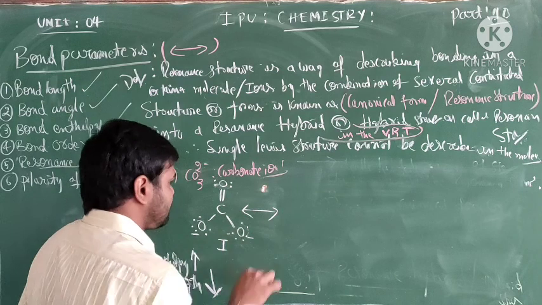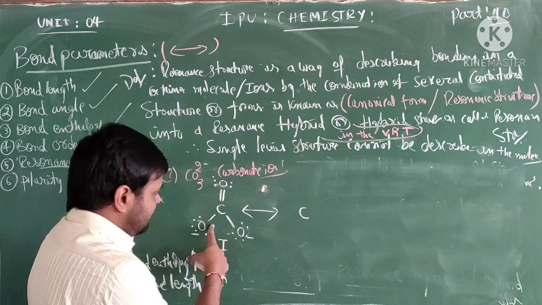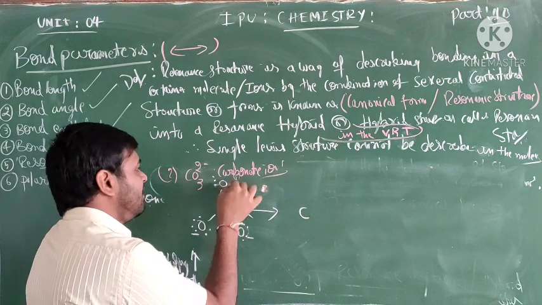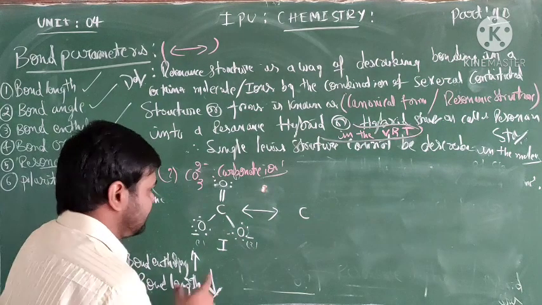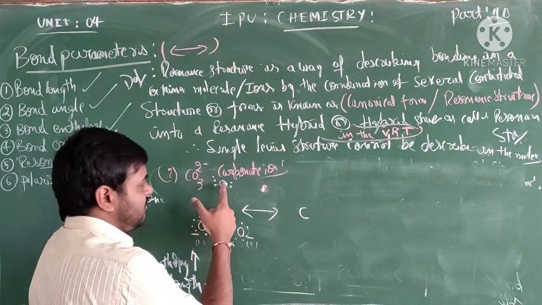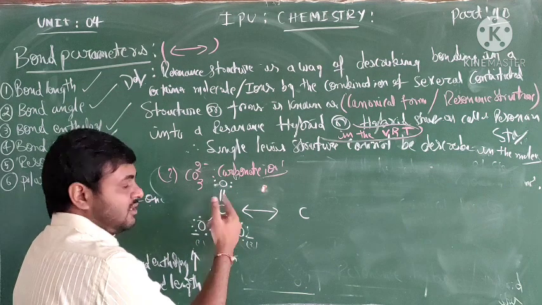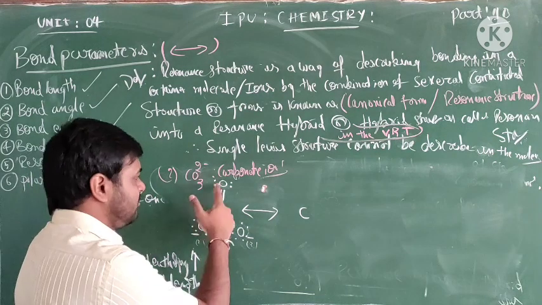So one more. Take this as the first oxygen atom, this as the second oxygen atom, and this as the third oxygen atom, just as a representation. The carbon double bond with the first oxygen atom moves; only the pi bond changes position.